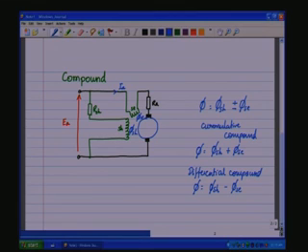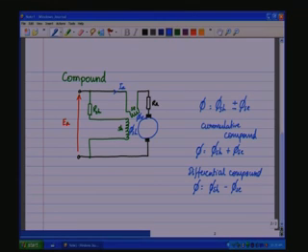So, there is a shunt excitation. So, phi shunt is present inside the machine, and IA is beginning to grow. So, during initial conditions, the motor will act like a shunt motor.